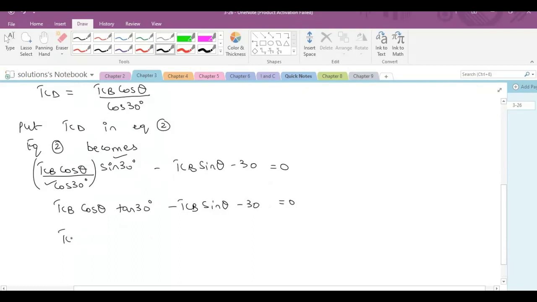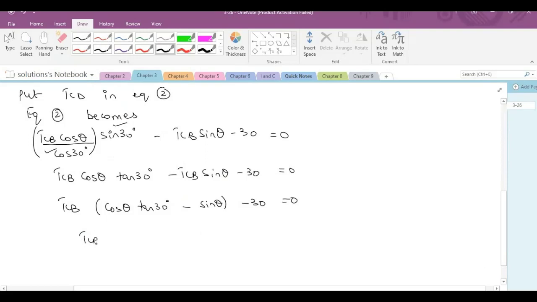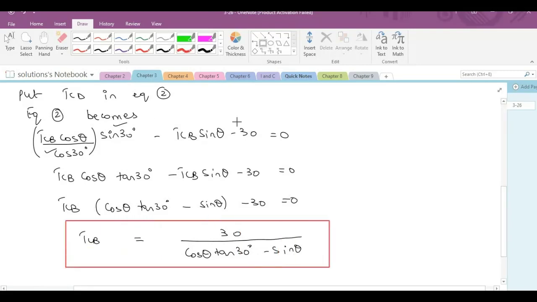If I take out TCB as a common factor, it becomes TCB times cos theta tan 30 minus sin theta, minus 30 equals 0. And if I make TCB the subject, then it becomes 30 over cos theta tan 30 minus sin theta. Now let's call this equation A, and this is a very important equation.